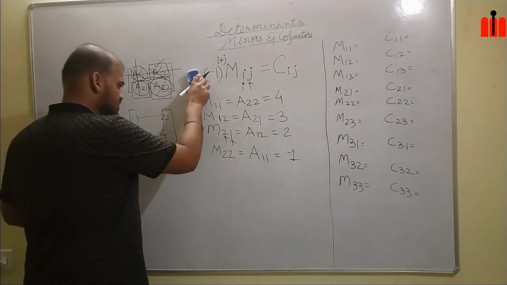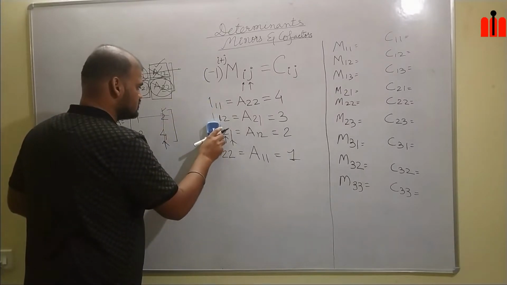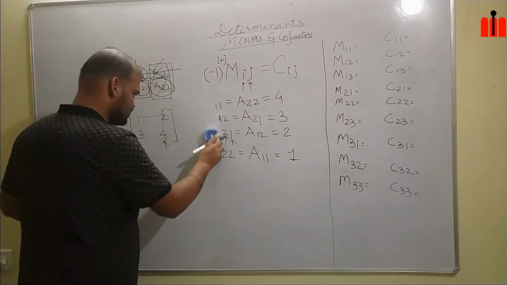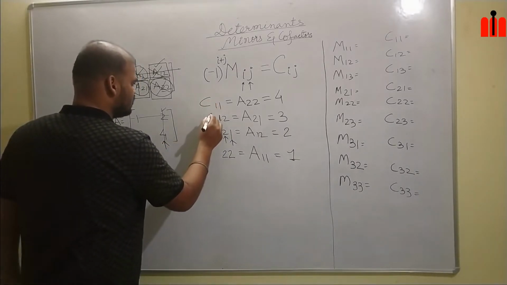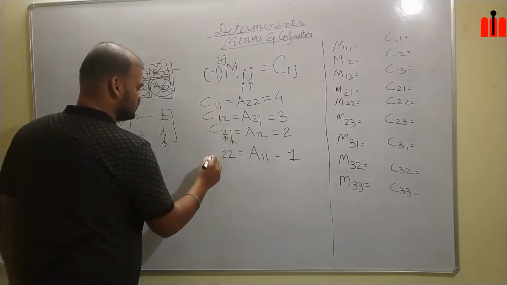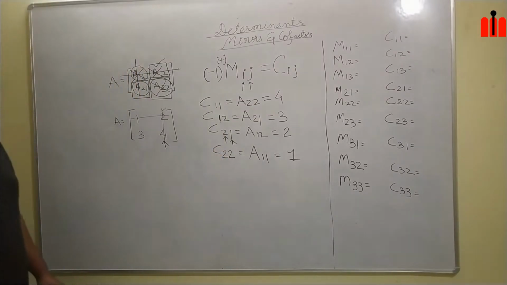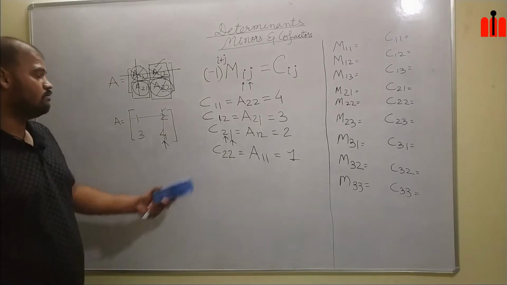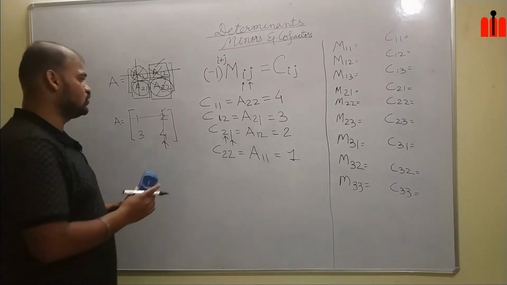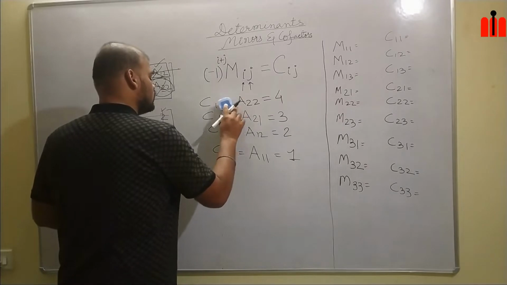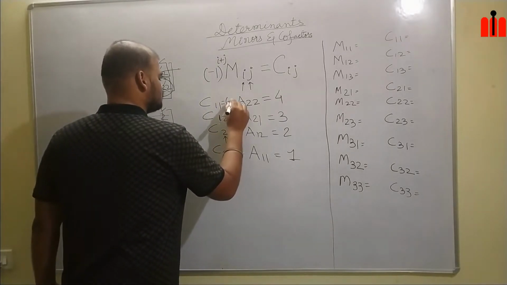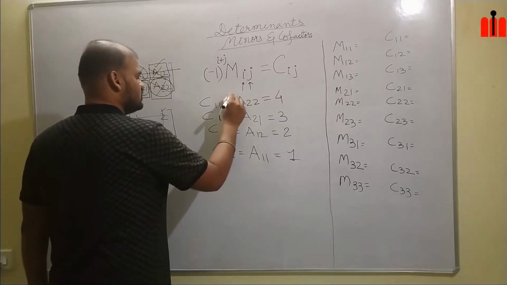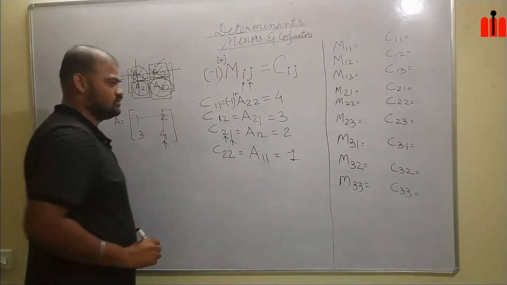Okay. Now for the same matrix, let us identify what our cofactors will be. So I will replace all these M's with C now: C11, C12, C21, C22. Okay. Now the minor was A22, so -1 to the power of 1 plus 1.